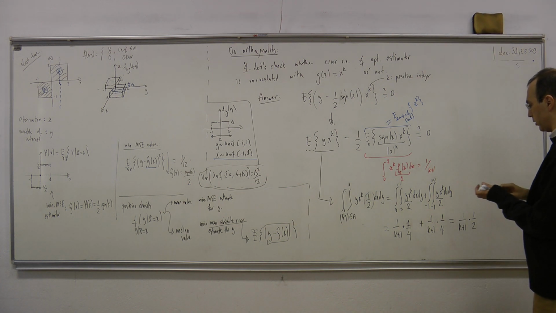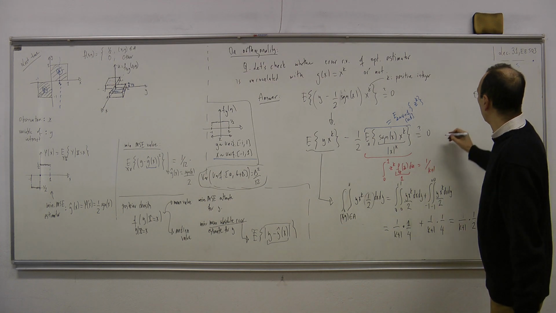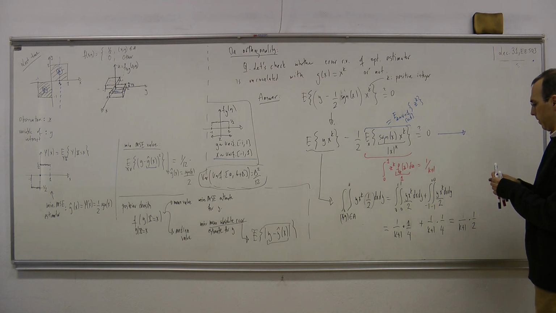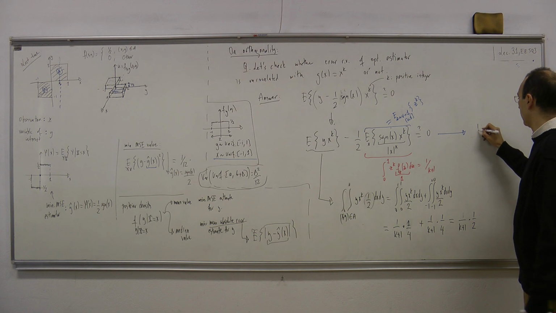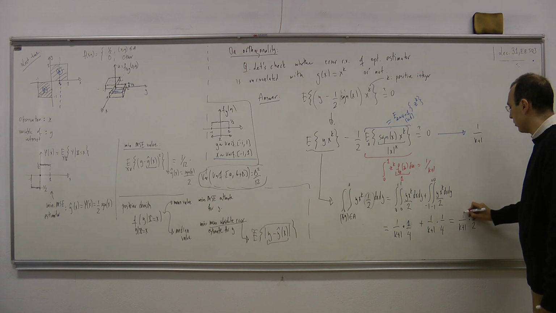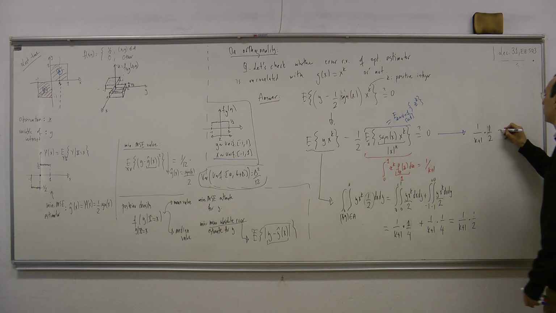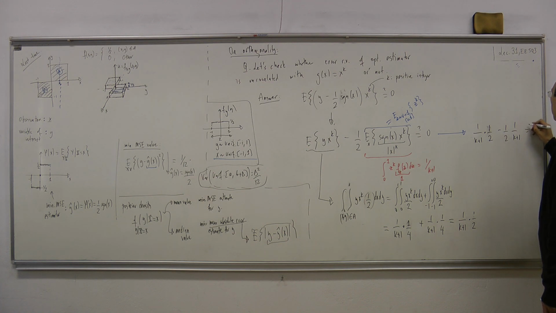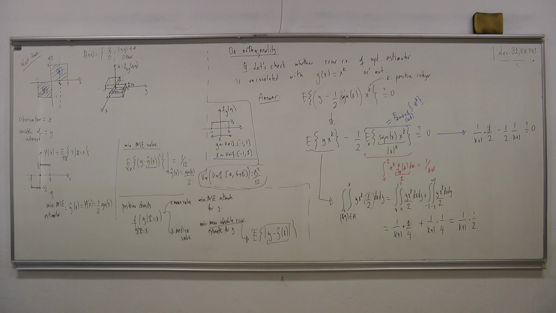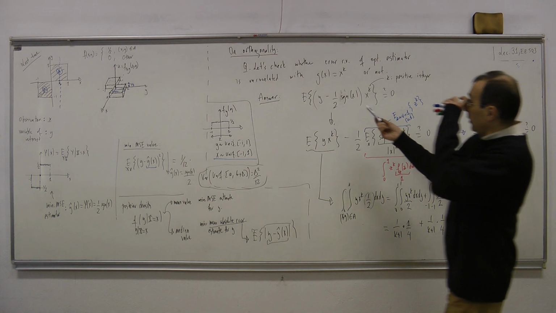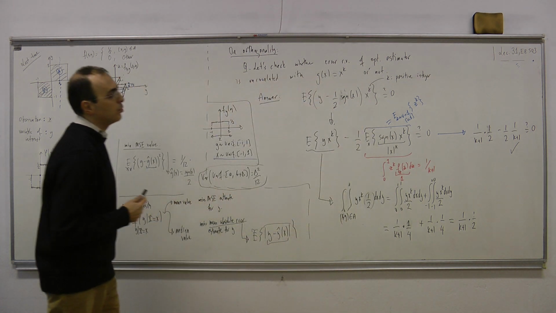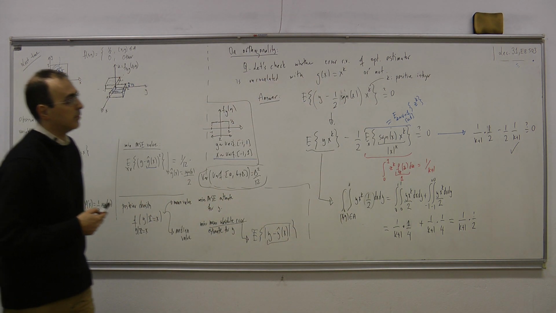If I substitute it over here, then this becomes 1 over k plus 1, this part, times 1 over 2, this one, minus 1 over 2 times 1 over k plus 1. So is it equal to 0? Well, indeed it is equal to 0. Okay. So we see that this error is orthogonal to x to the power k for all k's.